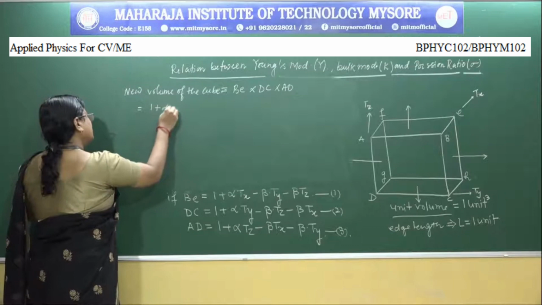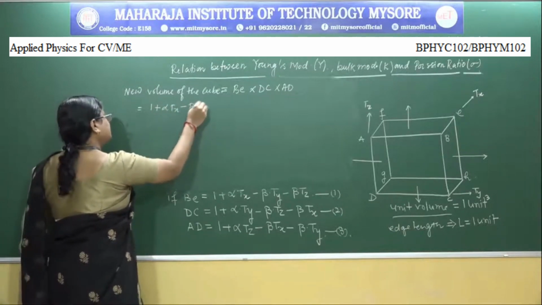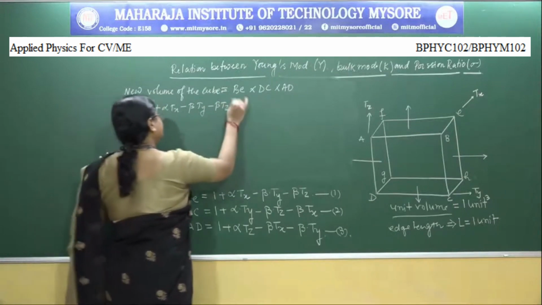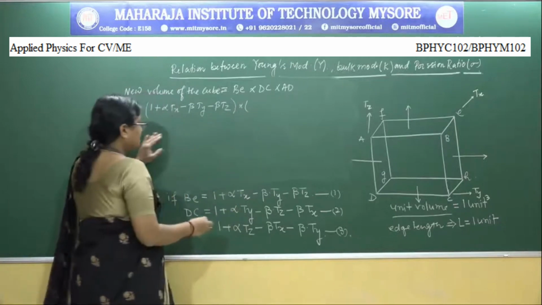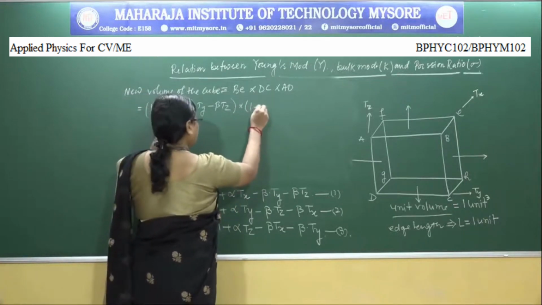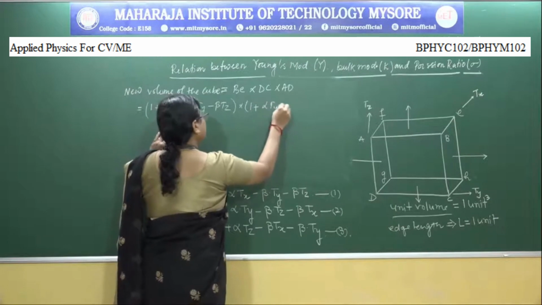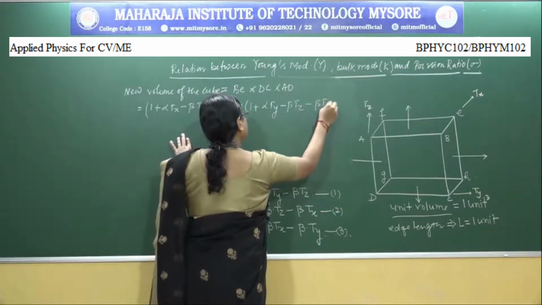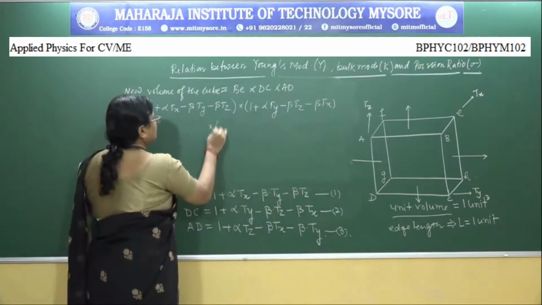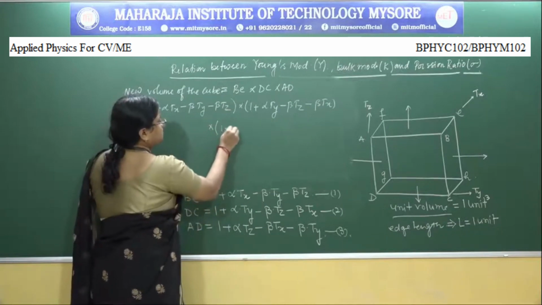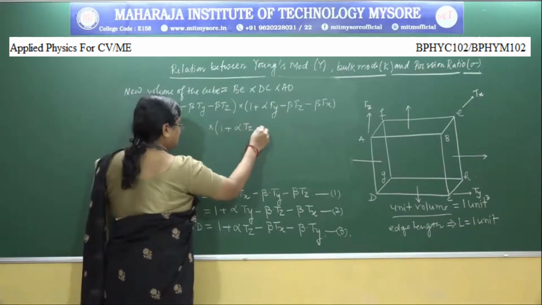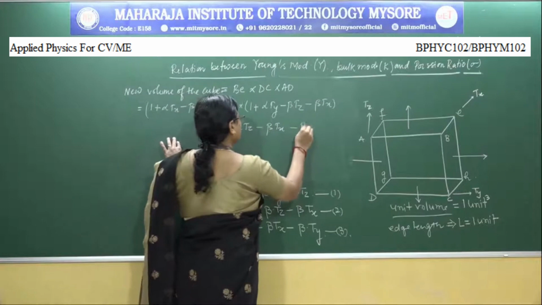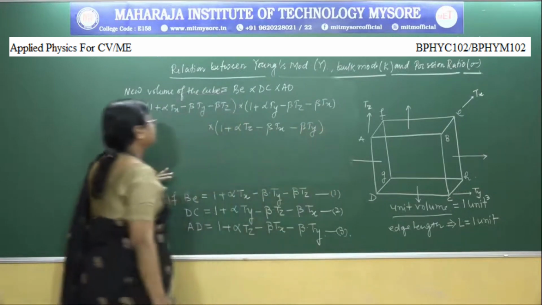1 plus alpha Tx minus beta Ty minus beta Tz, multiplied by 1 plus alpha Ty minus beta Tz minus beta Tx, and again multiplied by AD, which is 1 plus alpha Tz minus beta Tx minus beta Ty.